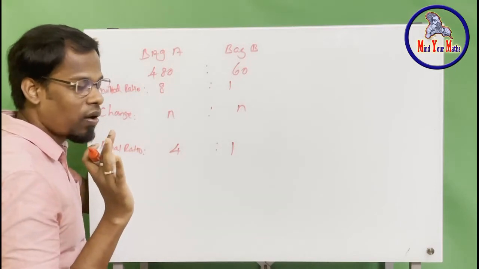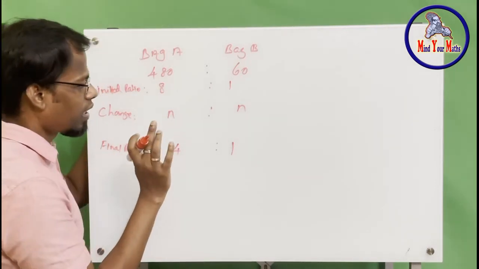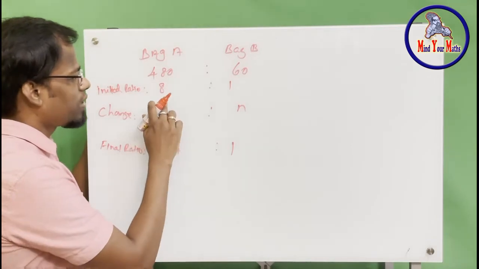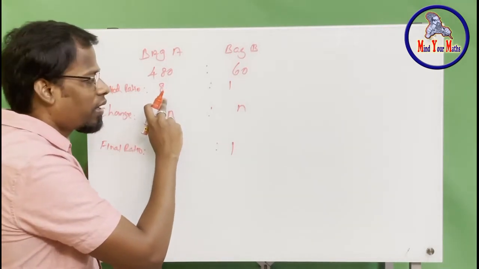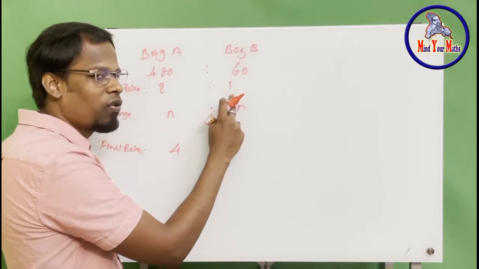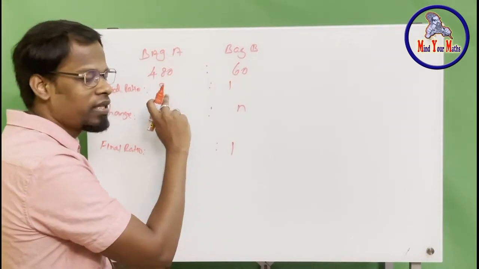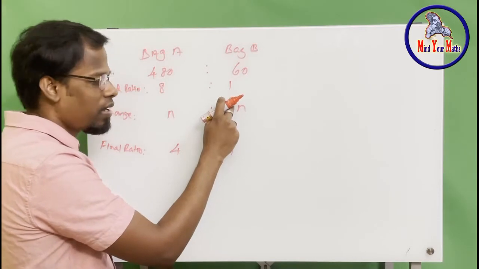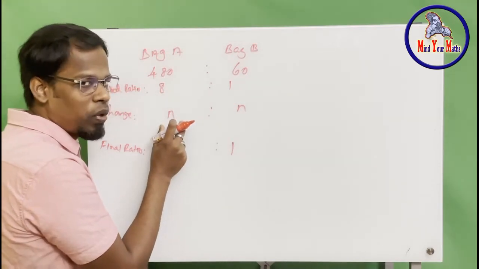Confused? Okay, fine. Let's say maybe this side 6 marbles were there, and this side 4 marbles were there.